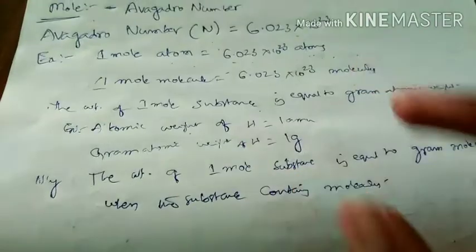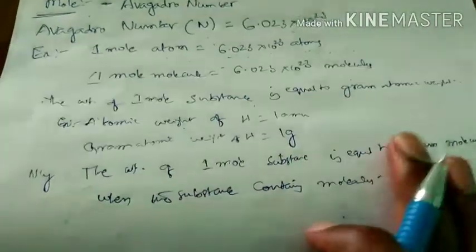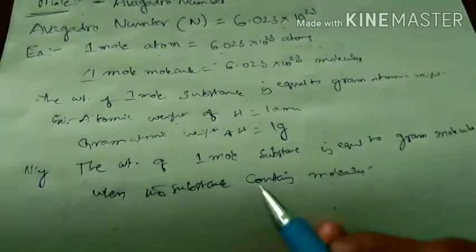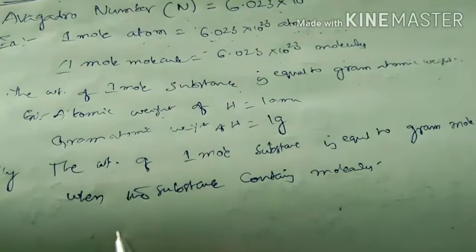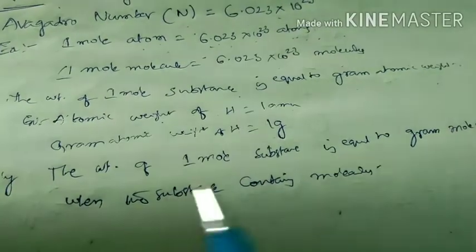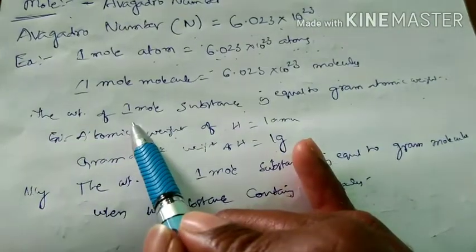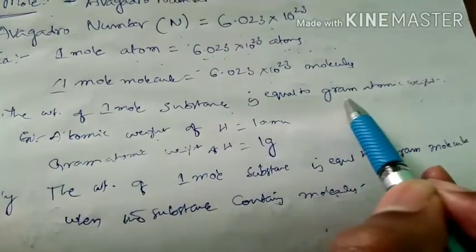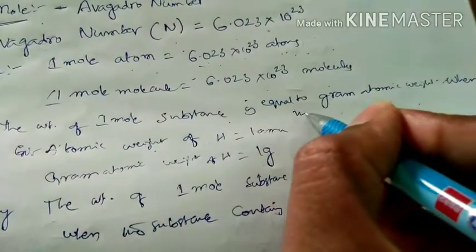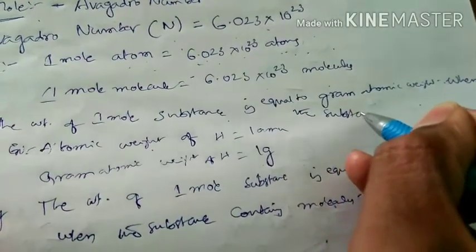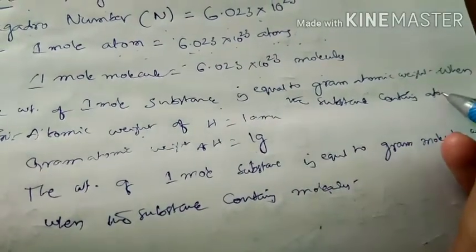These 2 points are also very important. This mole concept is very important concept. Again, this topic comes in 10th class, 11th class, 12th class. So the weight of 1 mole substance is equal to gram molecular weight. When will it be equal to gram molecular weight? When the substance contains molecules. Here the weight of 1 mole substance is equal to gram atomic weight when the substance contains atoms.